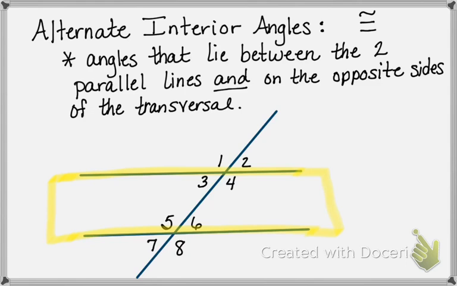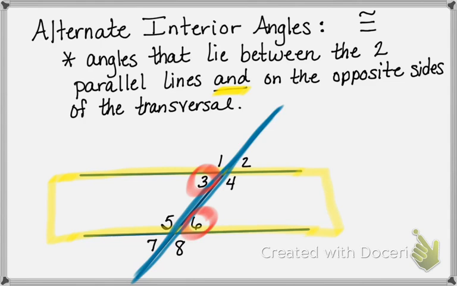Now we're going to break it down further. And on the opposite side of the transversal. Well, our transversal is here. The angles we're talking about are inside, or between, the parallel lines and on opposite sides of the transversal. That leaves us with 3 and 6.